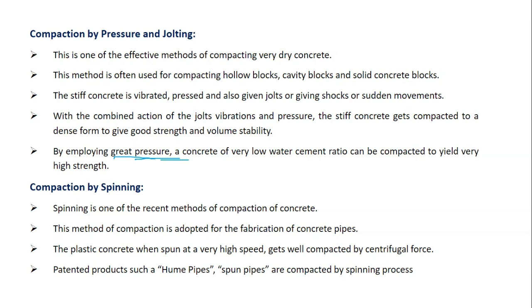That leads to better compaction of the concrete. Of course, this pressure compaction is done for very low water by cement ratio concretes. And this method has been proved to be very effective in the compaction of very low water by cement ratio concretes.